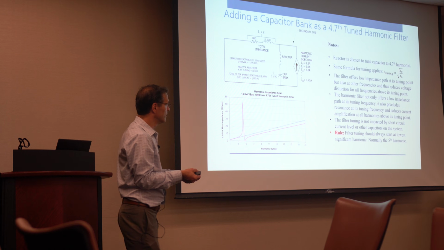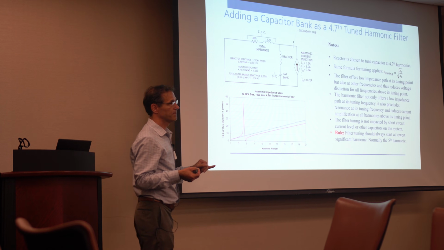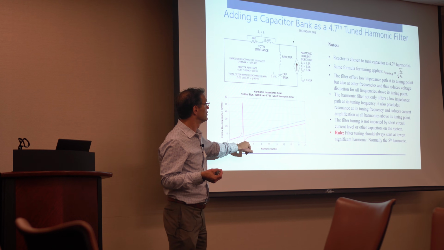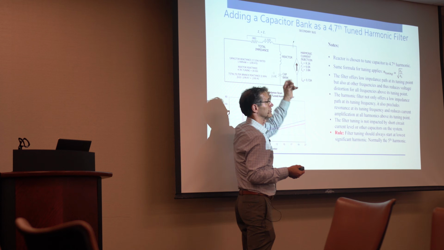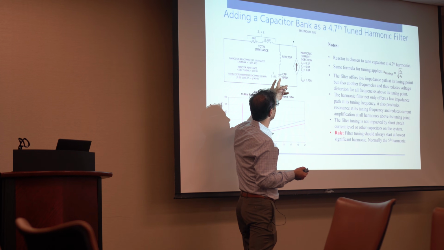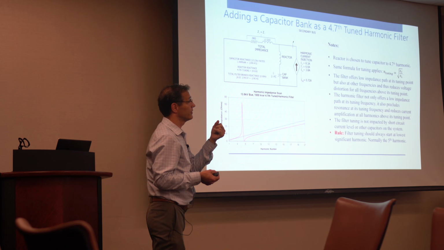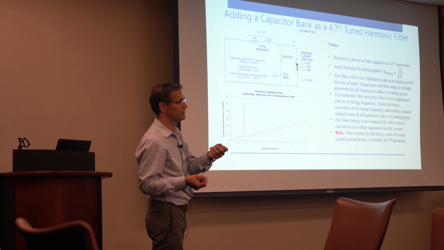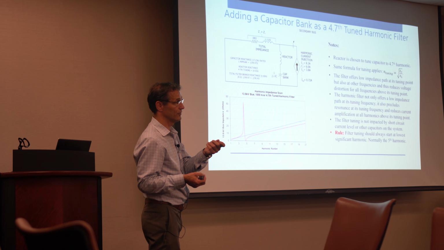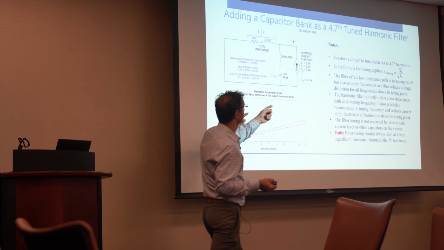It's a false statement. If I were to take this filter and tune straight to the fifth, you would take in almost all the harmonic current because X of C equals X of L right at the fifth harmonic, and the only resistance I have is R. And the X over R of an iron core reactor is 100, or R is 1 over 100 of X. So very, very low value of resistance.